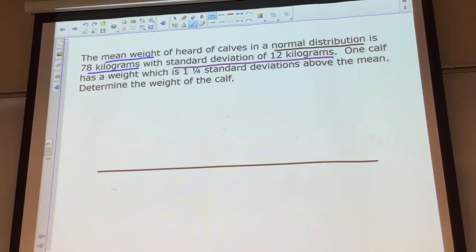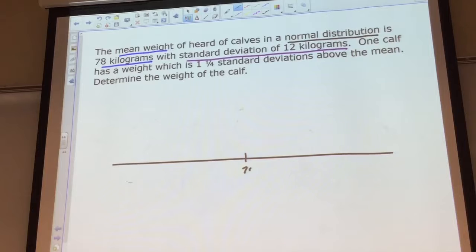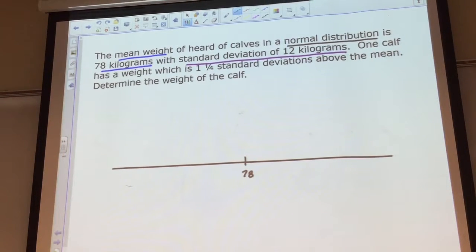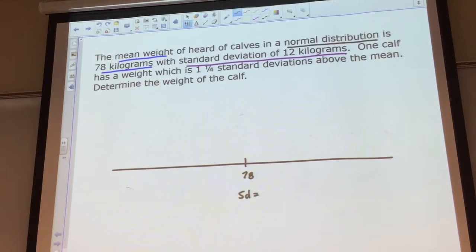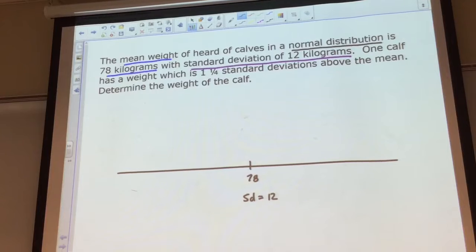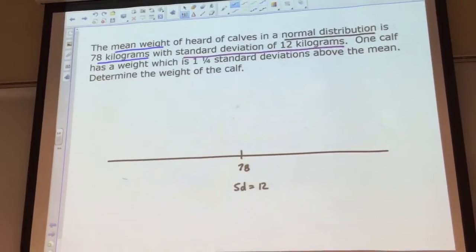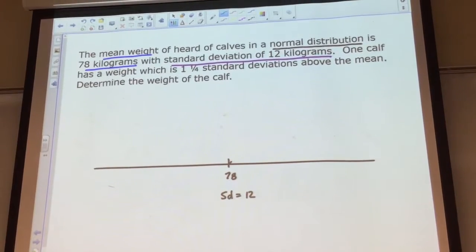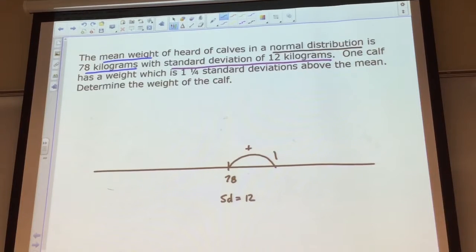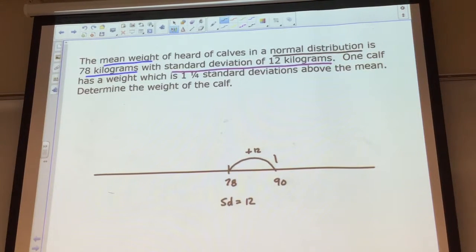then I would know for this particular exercise that the center of this universe is at 78. And a standard size step is 12. And we're 1.25 standard deviations above the mean, so one full standard deviation adds 12 to that 78, which takes us to 90.